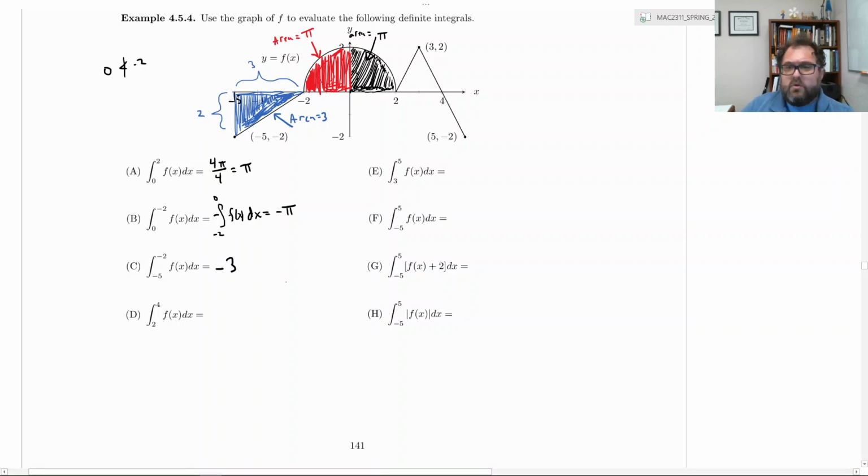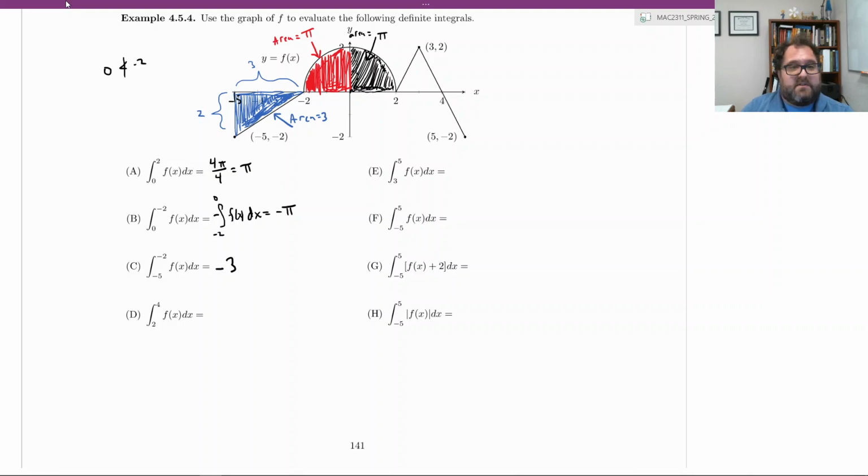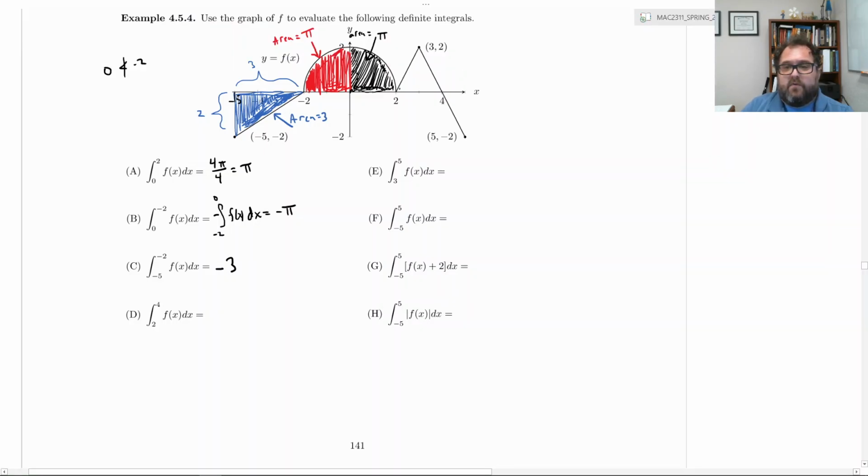Okay? What about 2 to 4? Okay, 2 to 4, we have another shape over here, so let's get a different color. We'll need green this time. So from 2 to 4, we have this region. Now that's a triangle, so let's see.